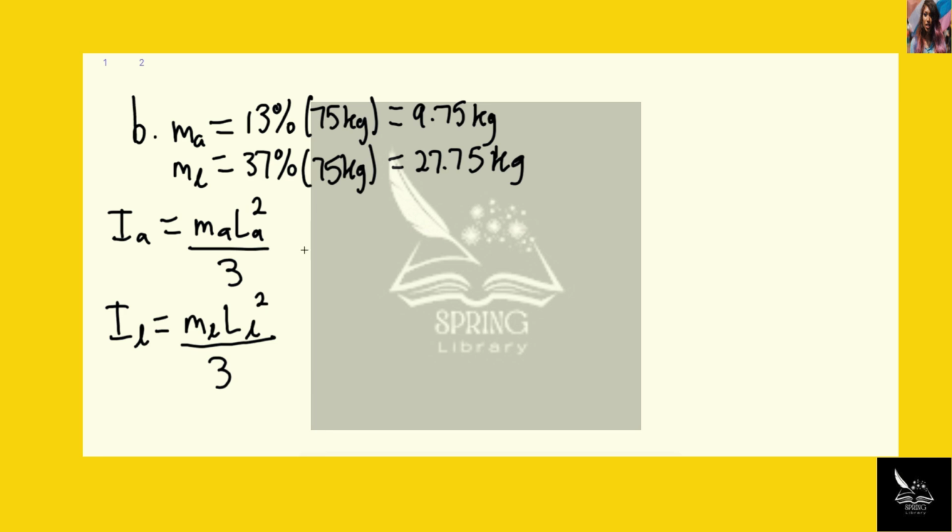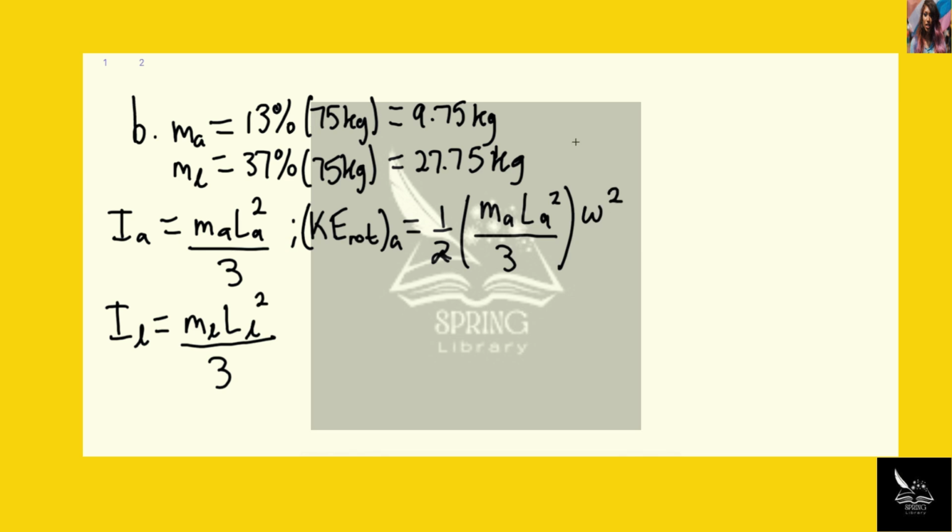And so here we can say that the rotational kinetic energy of the arms is going to be equal to 1 over 2 times m sub a L sub a squared over 3 times omega squared, given that the rotational kinetic energy is half I omega squared.